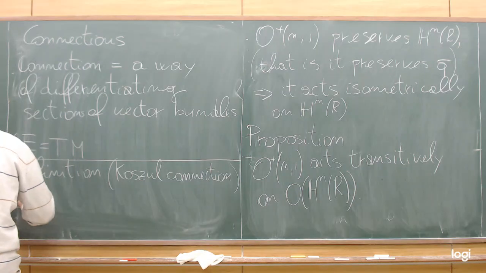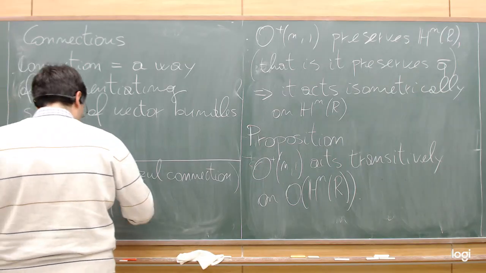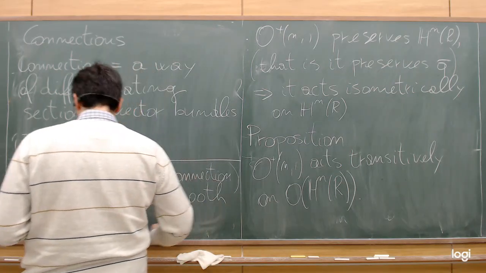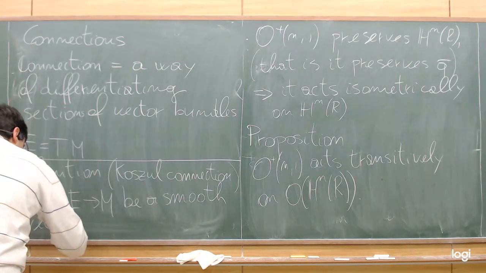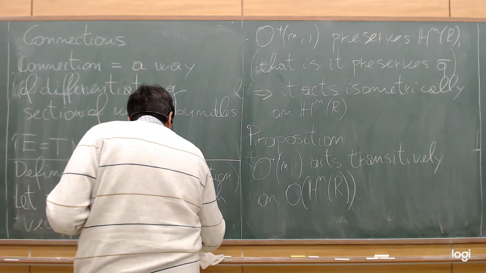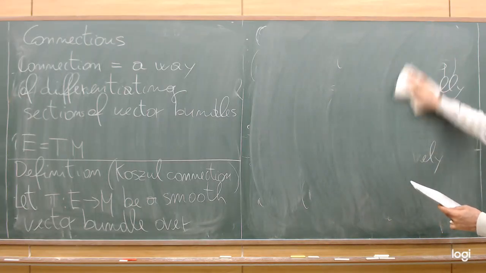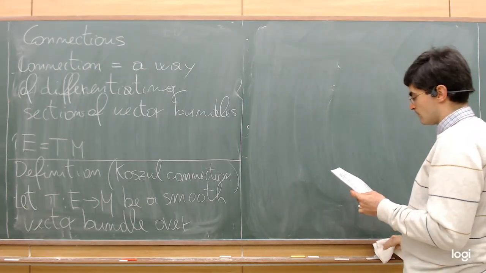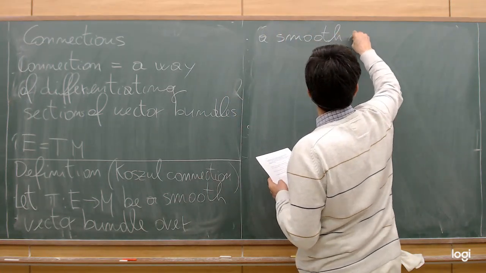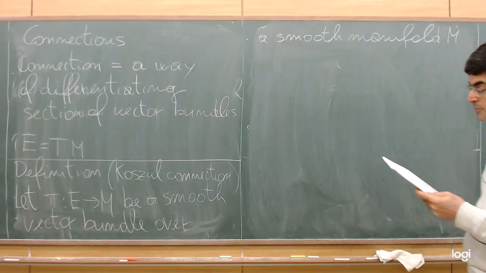Let π be a smooth vector bundle over a smooth manifold M with boundary or without boundary.